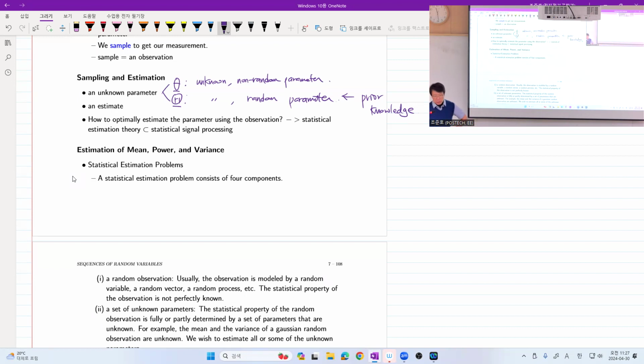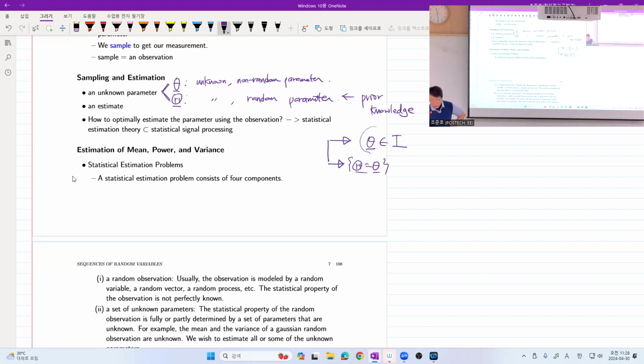And the second one is, what is the set of this parameter? For example, this theta may be, in addition to whether we have a random or non-random parameter, in the non-random case, we have to say something like this because theta is not random. But in the random parameter case, we have some realization.